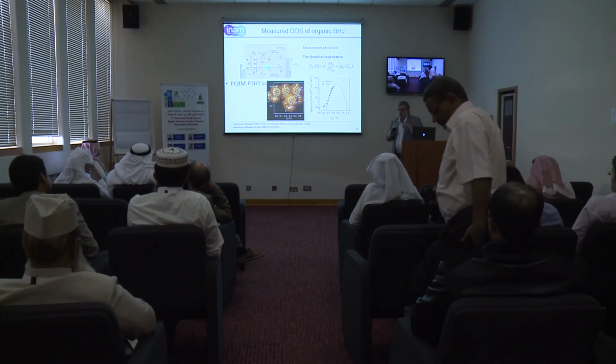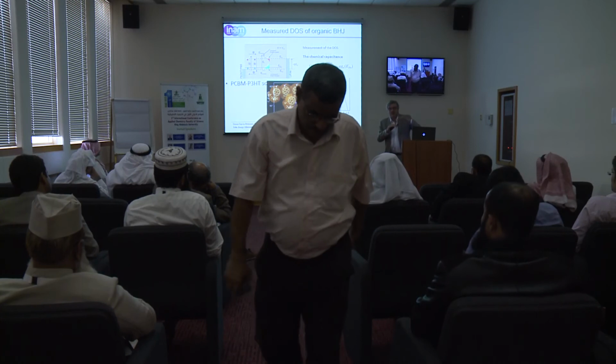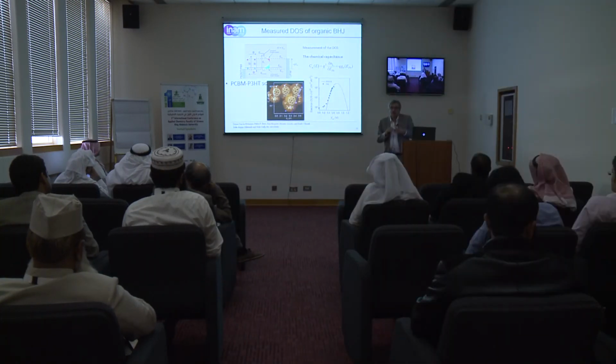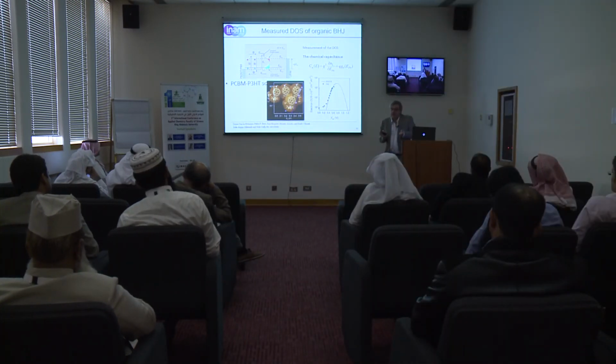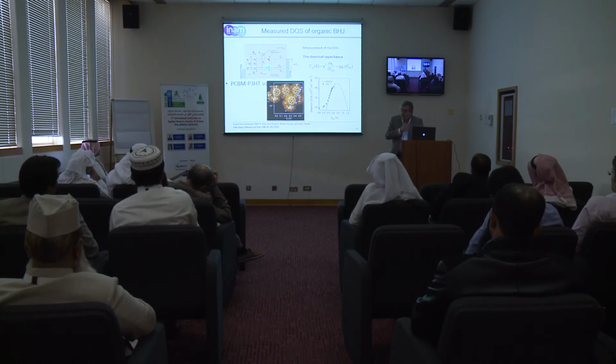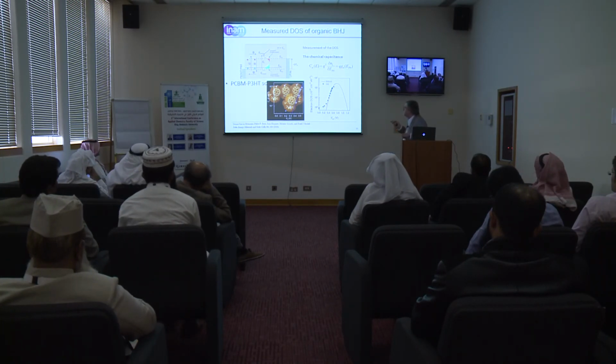So then you can do the same as I said before. As you bring up the Fermi level of electrons, you scan the density of states of electrons in the fullerene. And you can define, of course, the chemical capacitance with the same meaning as before. And so here is one measurement.